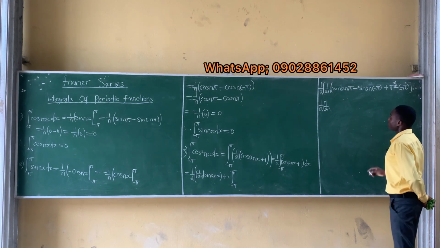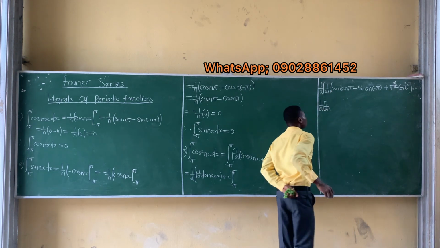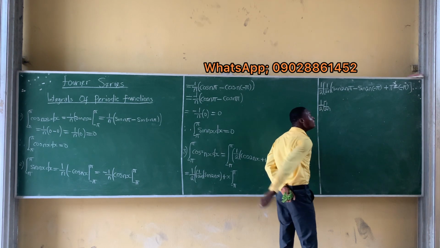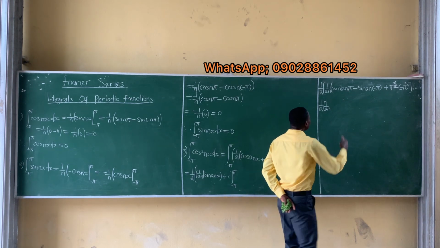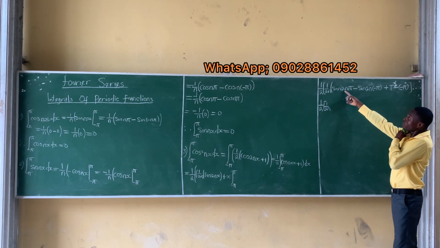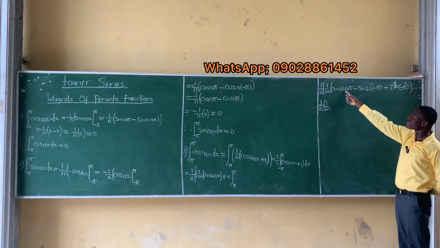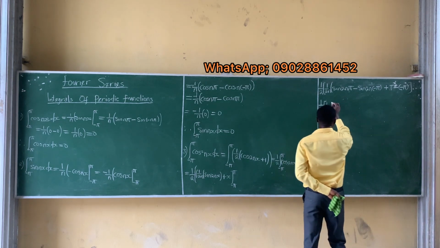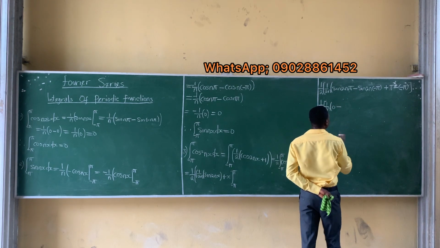So this is what we have. So we have 1 over 2n into, don't forget, we said sine 180 is always 0. Please take note, sine 180 is always 0. No matter the multiple, even if here is to be 20 or here is 30, sine 180 is always 0. Please take note. So we have 0 minus.